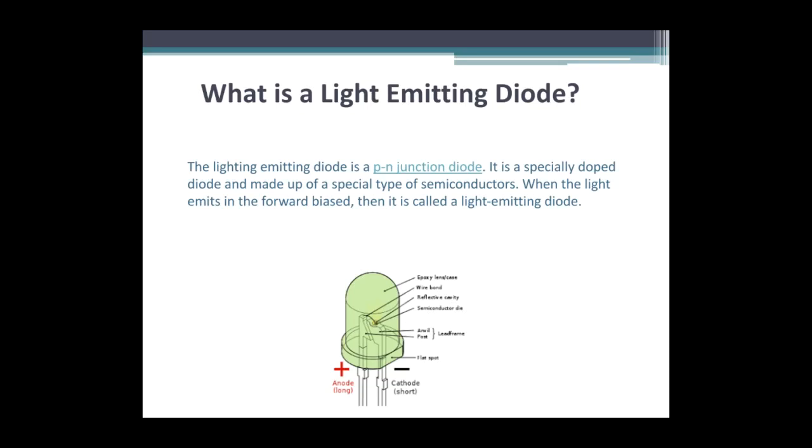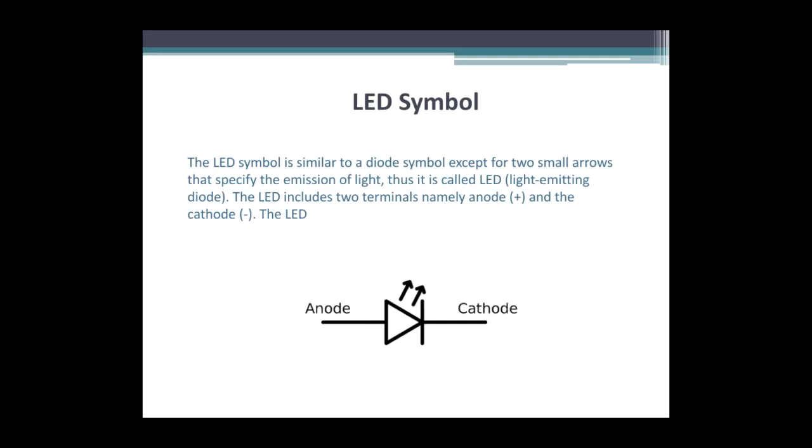What is a light emitting diode? The light emitting diode is a PN junction diode. It is a specially doped diode made up of a special type of semiconductor. When it emits light in the forward bias, it is called a light emitting diode. Below is a diagram of a light emitting diode. This is the symbol of a light emitting diode.